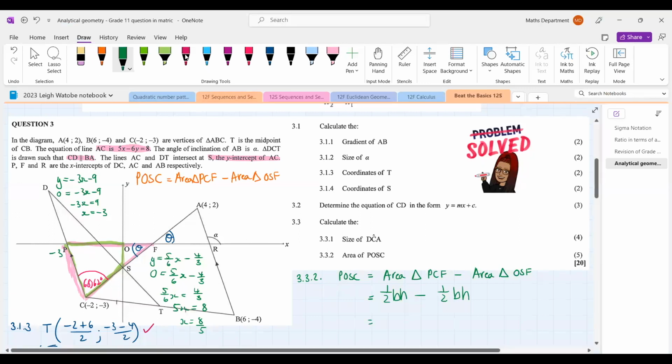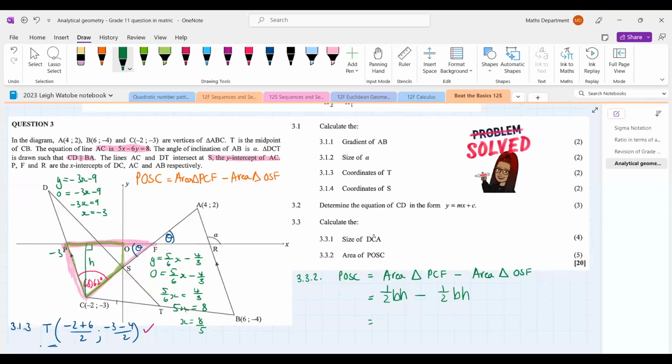Now, if we go back and have a look at triangle PCF, I'm going to treat line PF like it is the base of the triangle, which means there is an invisible perpendicular height from C to the x-axis. We know the equation of line DC, so we can calculate the coordinates at P. We should get -3 and 0.